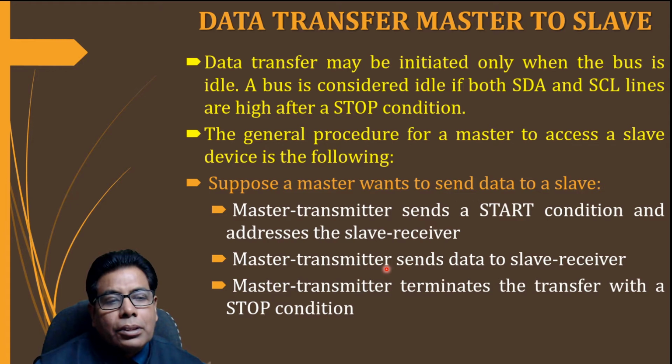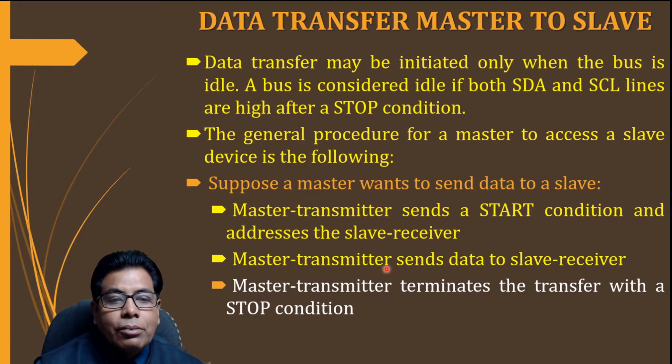Suppose the master wants to send data to the slave. First it will send a start condition and the address of the slave receiver. The address will be 7 bit or 10 bit. Then the master transmitter sends data to the slave receiver.